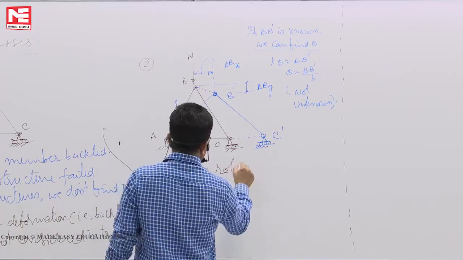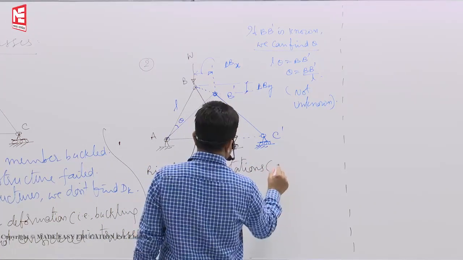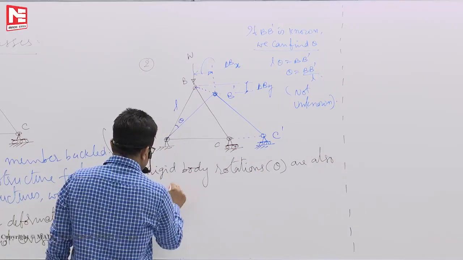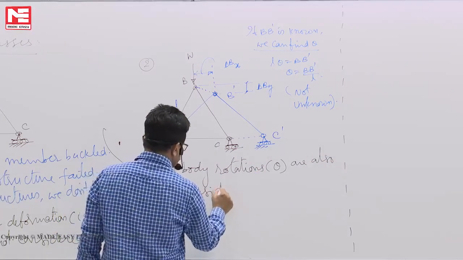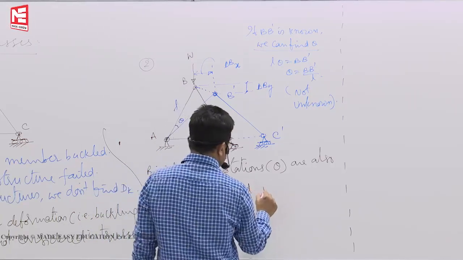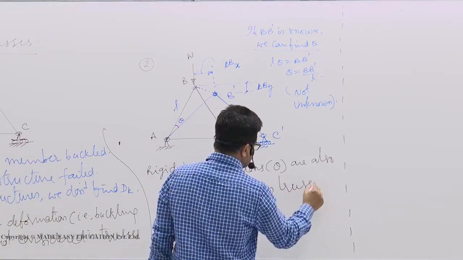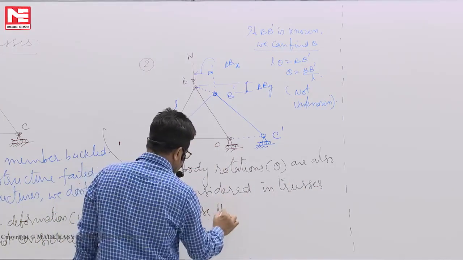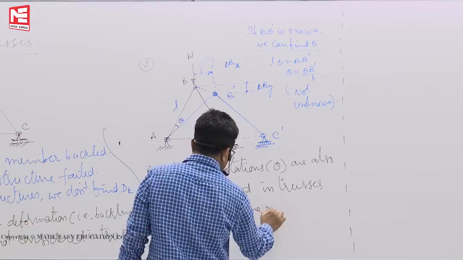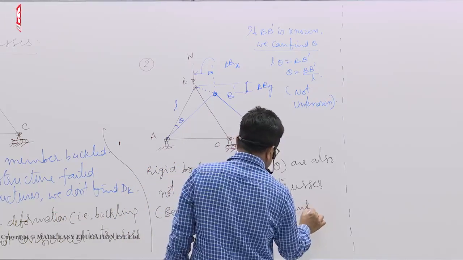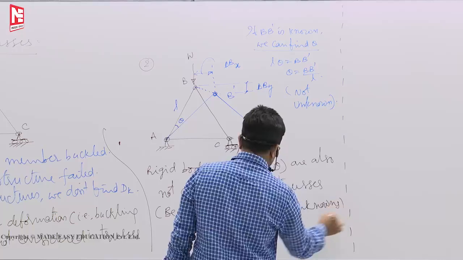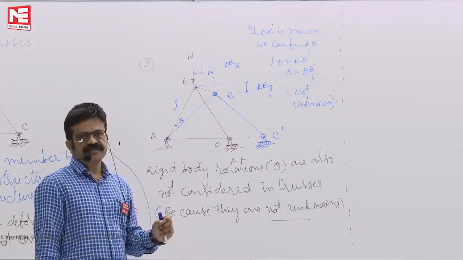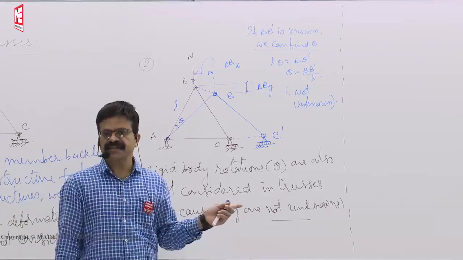Rigid body rotations are also not considered in trusses. Why? Because they are not unknowns. That means in trusses, either rigid body rotation or rotations due to buckling we will not consider.